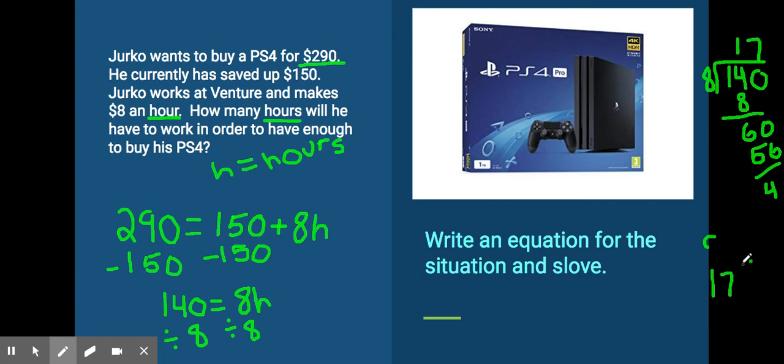and 4/8. Because if I'm making a fraction, I'm going to take my remainder and put it over my dividend. And I can simplify 4/8 into 1/2. So the answer ends up being that it would take him 17 and 1/2 hours.